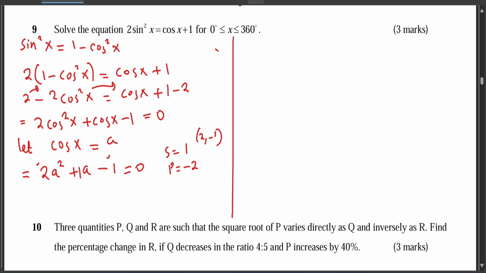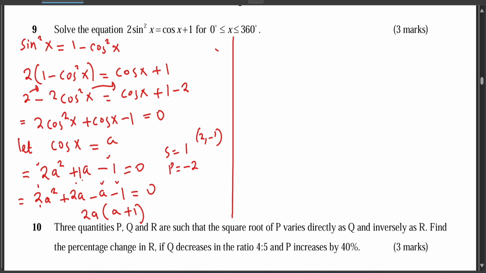So it means that this one a utaivunja into 2 and -1. So utaandika 2a squared plus 2a minus a minus 1 equal to 0. Your common factor hapa na hapa ni 2a. Sawa. So utaandika 2a into bracket a plus 1.